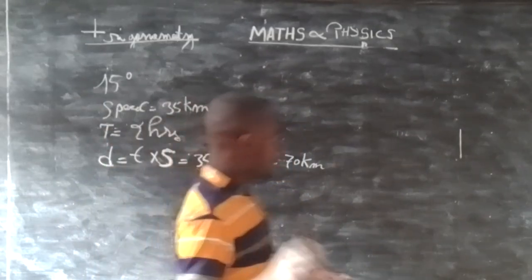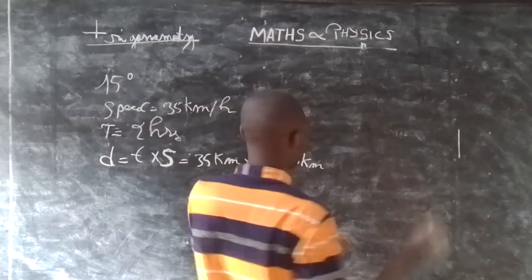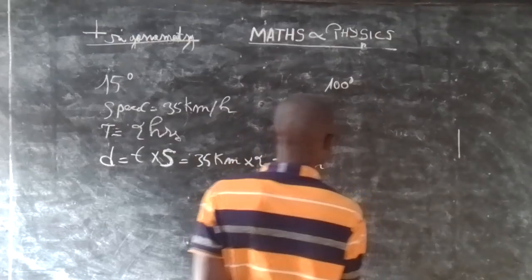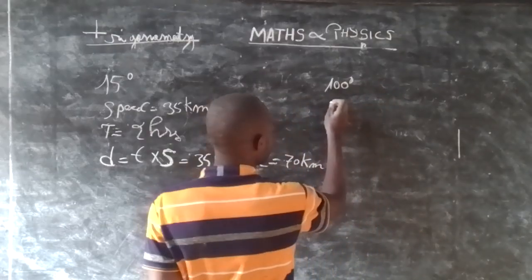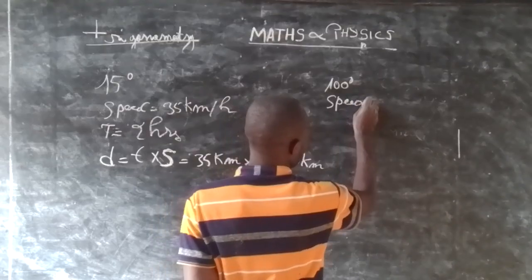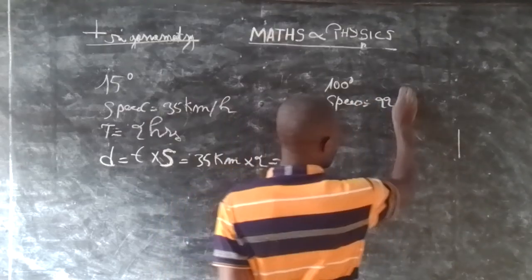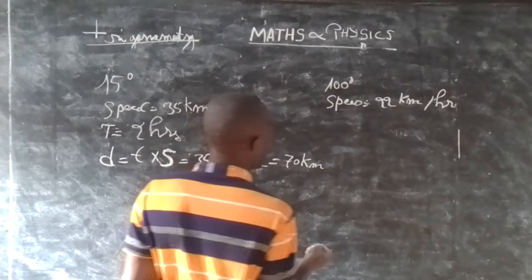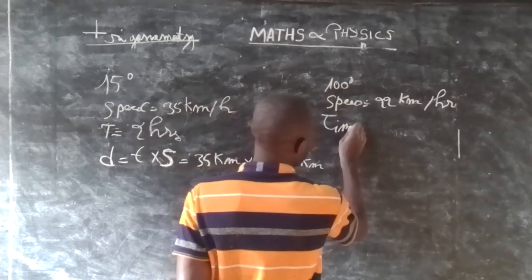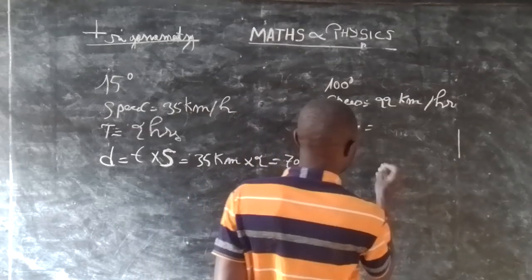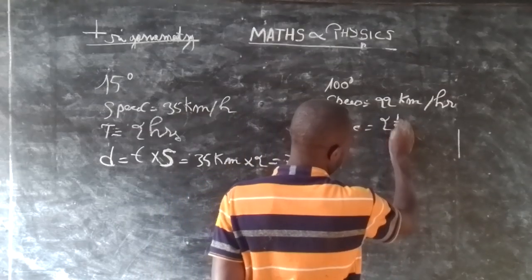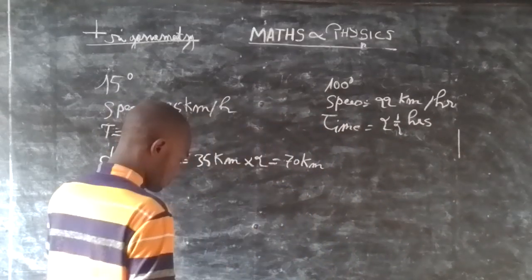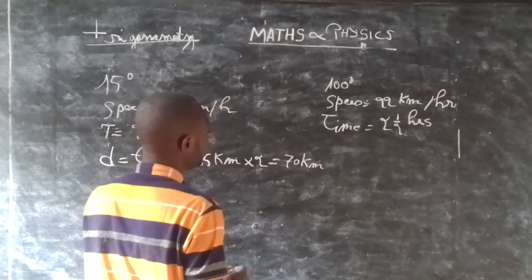At the second point we have 100 degrees, which is our bearing angle, and also we have a speed equal to 22 kilometers per hour, and time equal to 2.5 hours.